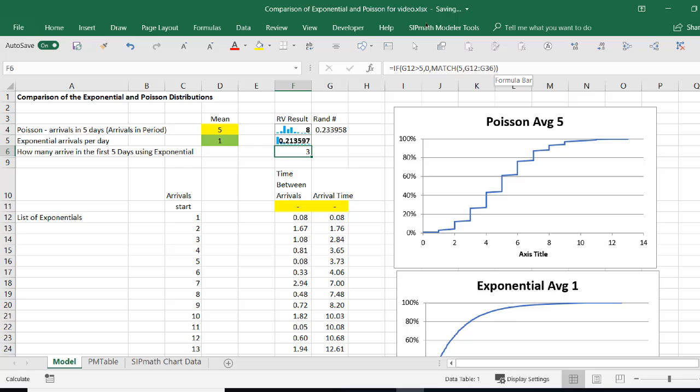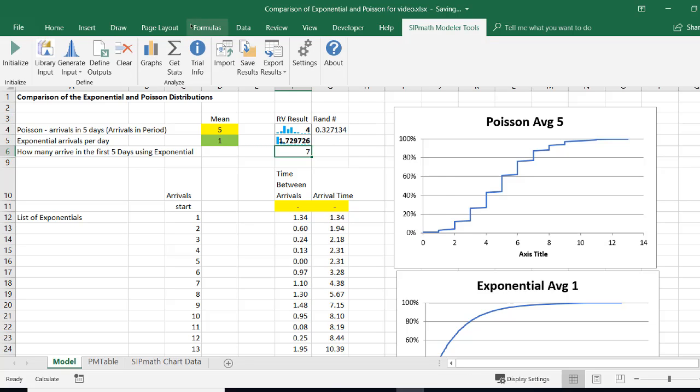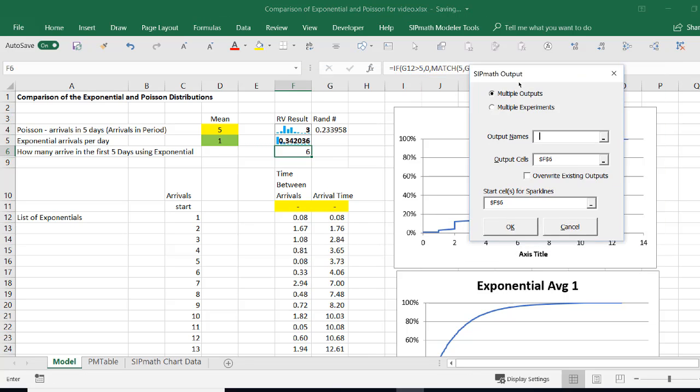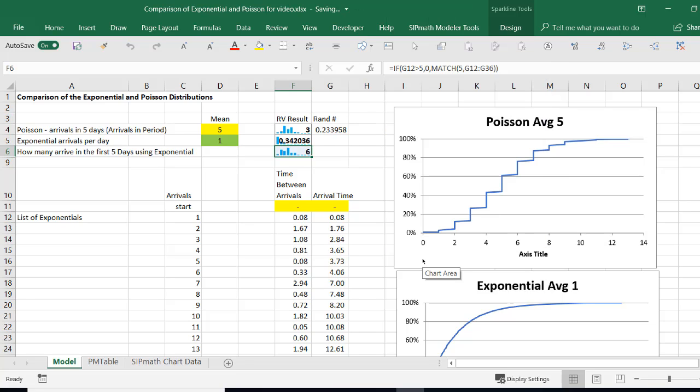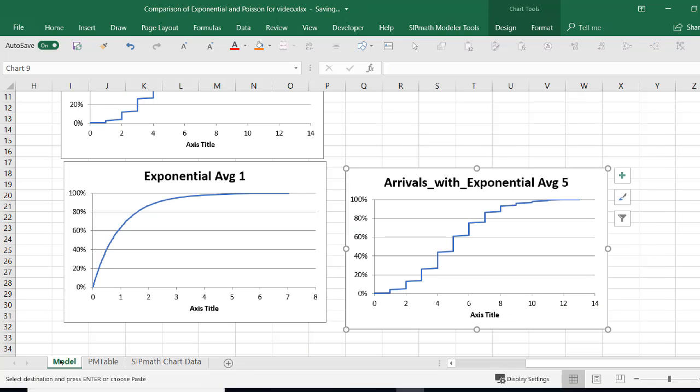And now we'll define it as an output. And we'll call this, well, we decided to call it exponential arrivals. How about that? Okay, so now we've got our distribution here. And we're going to graph that. And there we have our graph.